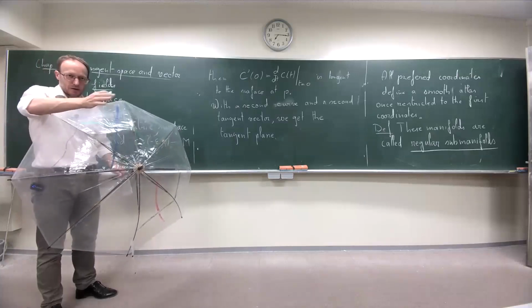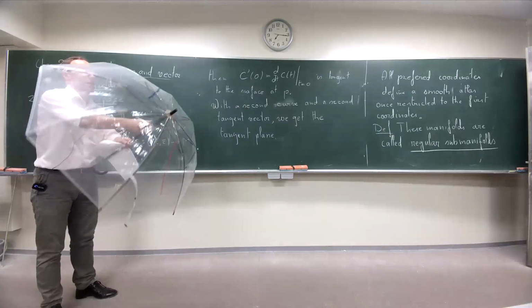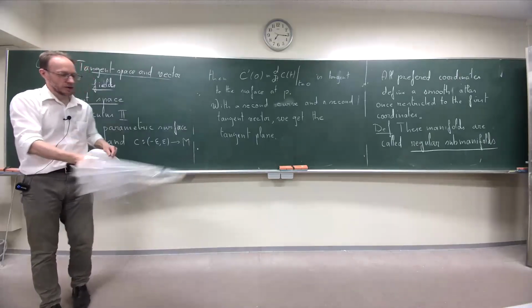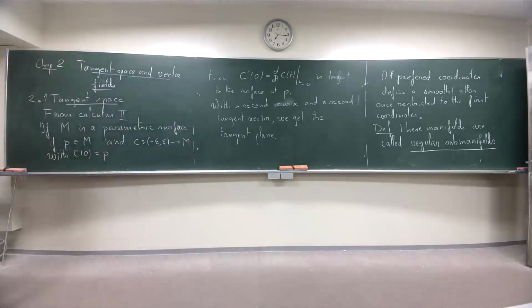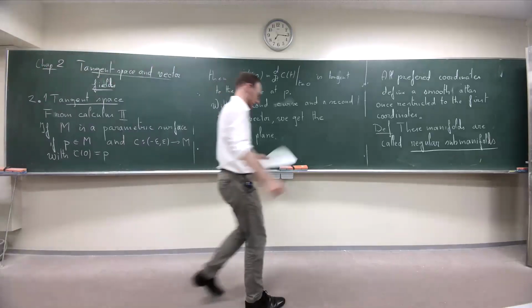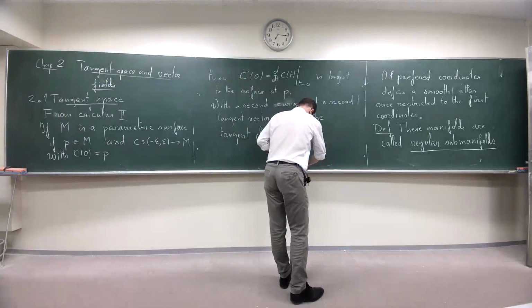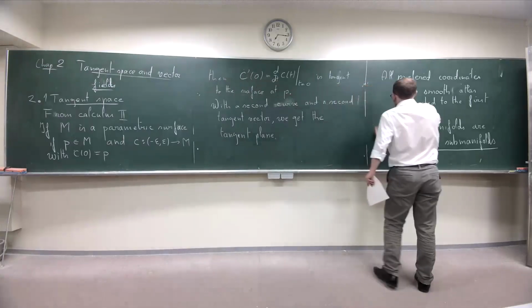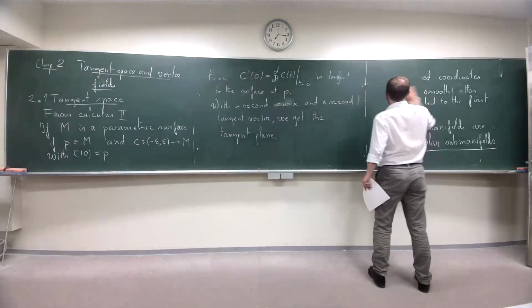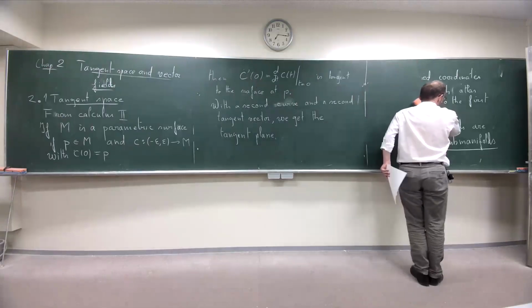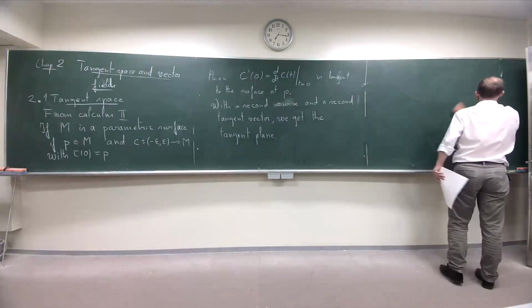They are just above the manifold. So this construction is good if you have an ambient space, but I want to avoid it. I want definitions which are intrinsic. So I need to define what is a tangent space for a manifold without speaking of an ambient space.